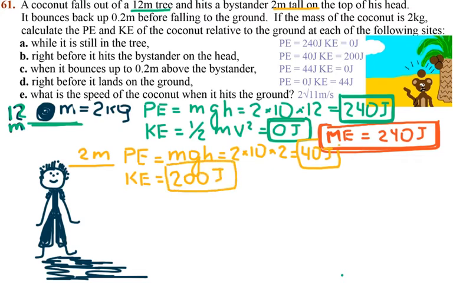240 joules. And I can find the velocity if I want to, using 1/2 the mass times v squared. So the velocity here is going to be the square root of 200, which is 10 square roots of 2 meters per second.